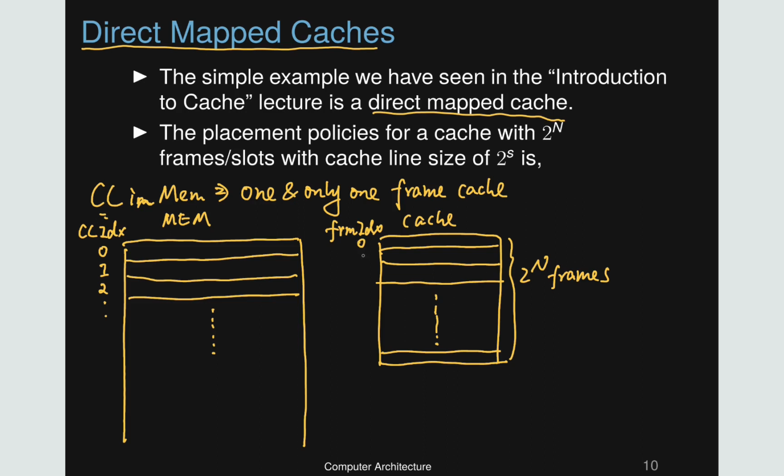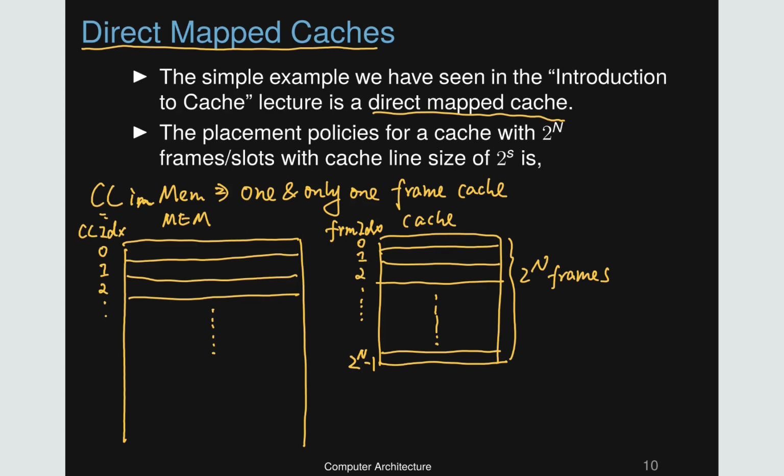So it also starts from 0, 1, 2, goes all the way down to 2 to the n minus 1. So the last index is 2 to the n minus 1, since we have 2 to the n frames.